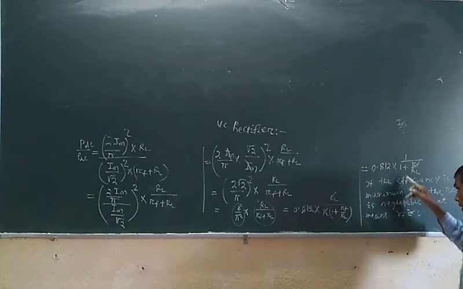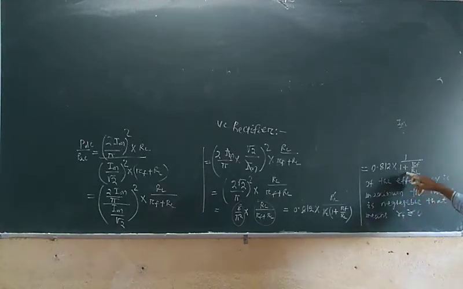So finally this term RF, which is 0, divided by RL will also be 0, and we get 1 by 1.